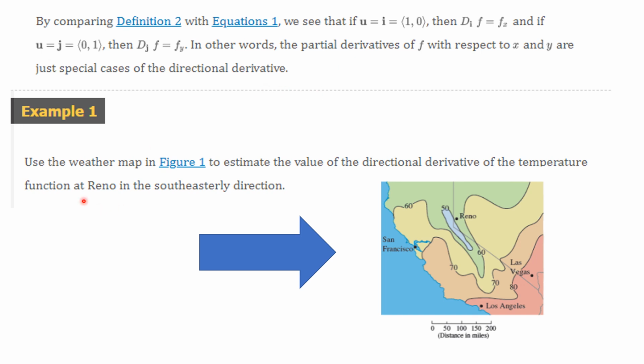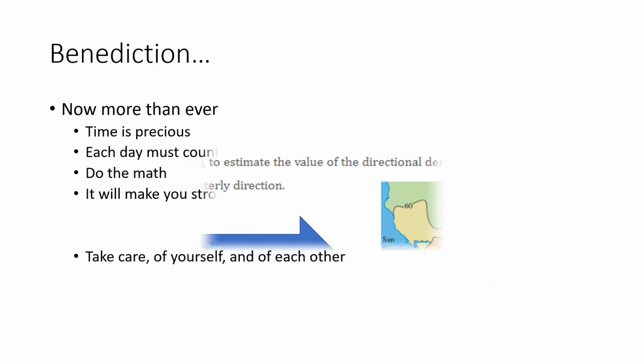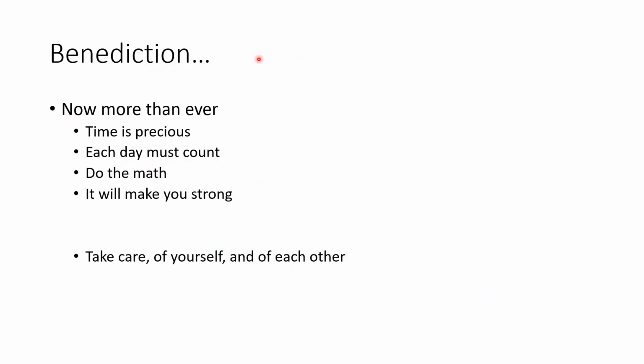But here is a problem I would like for you to consider. Look at this map, and again, you're just estimating, but estimate the value of the directional derivative of the temperature function at Reno pointing in a southeasterly direction. You know what to do. And we'll look at the solution to this when we return.